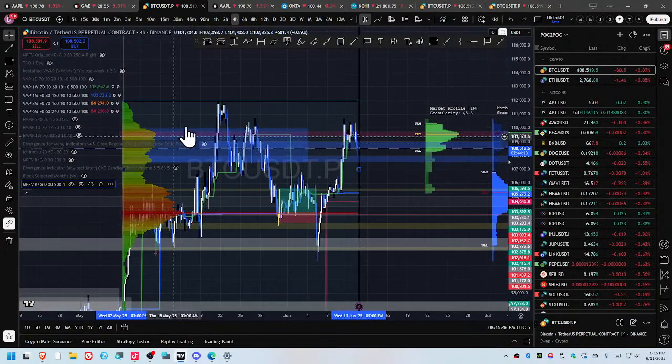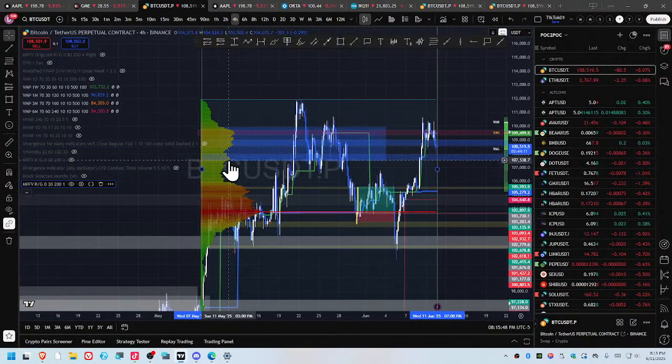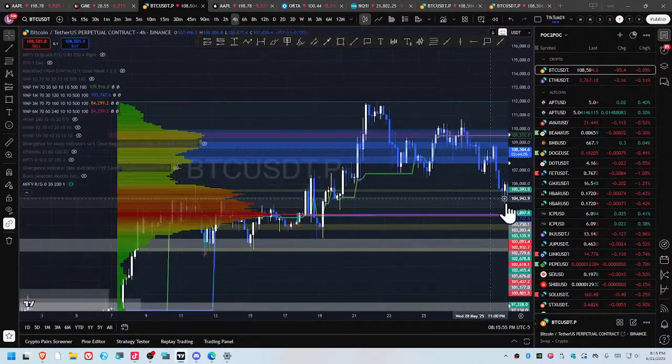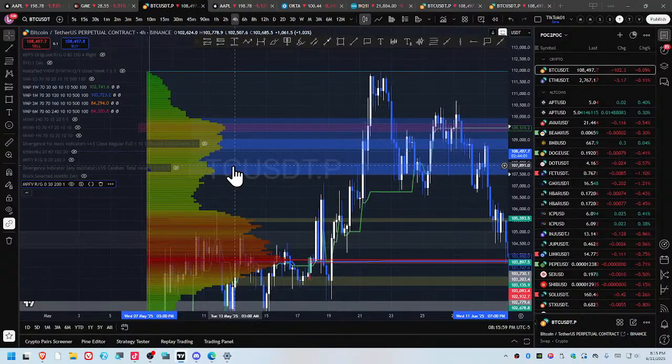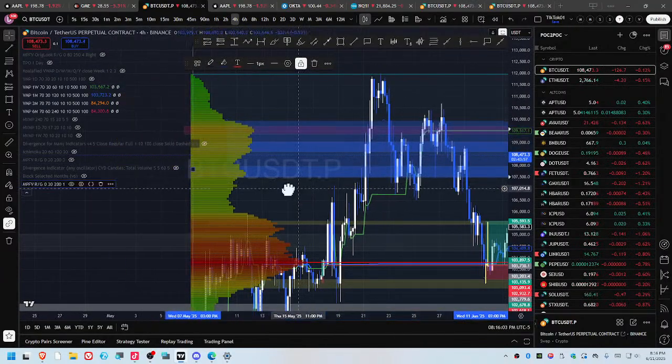You can see the area in this section, like above 107 to like 110, these are the 3 areas of support and resistance where I see Bitcoin ranging in.